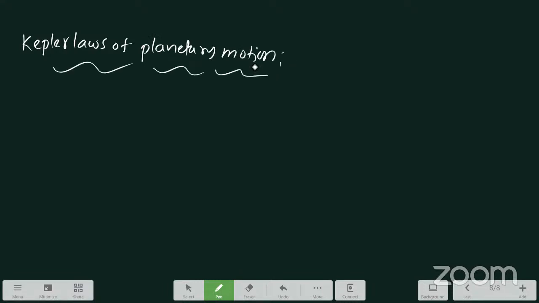Don't read VSAQs, don't read LAQs. Only one 4-mark question from the gravitation lesson: Kepler's laws of planetary motion.